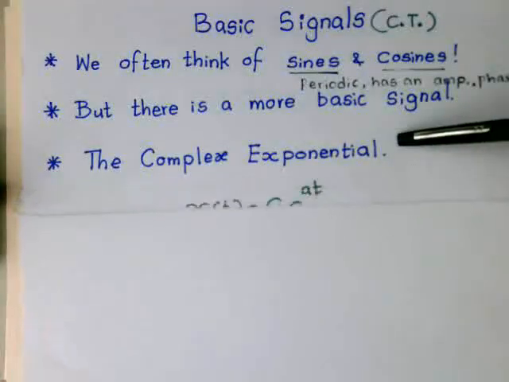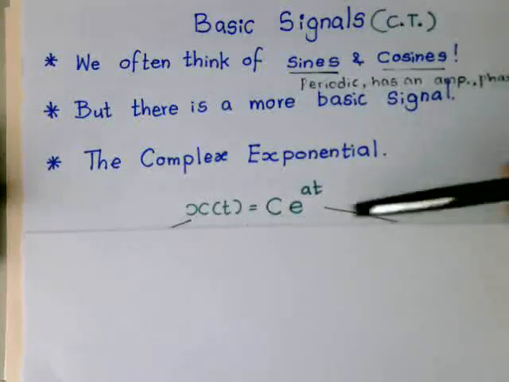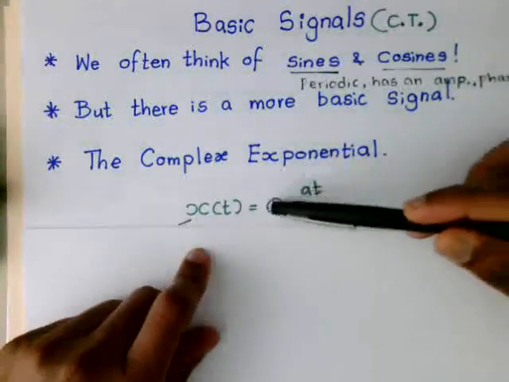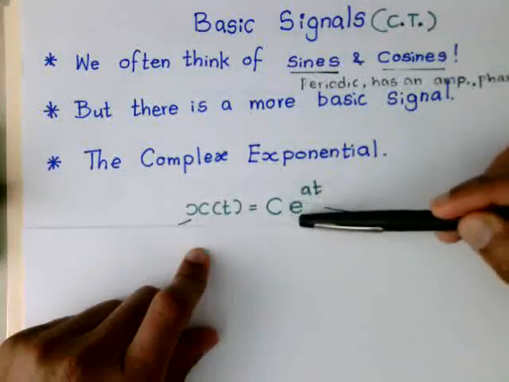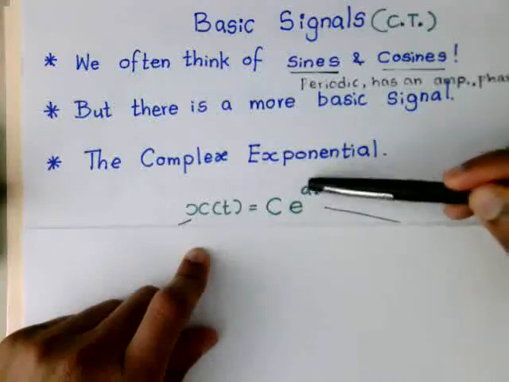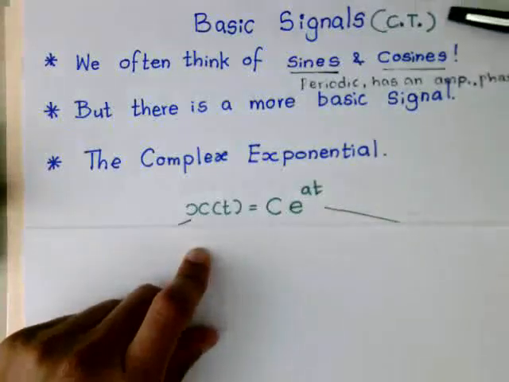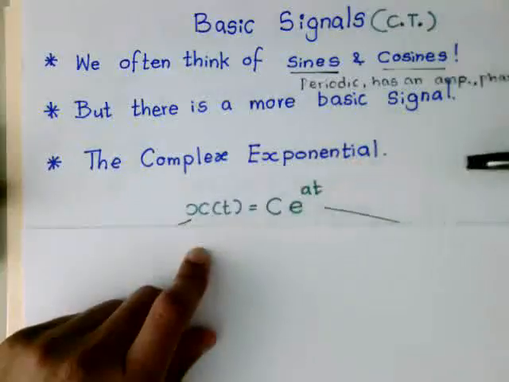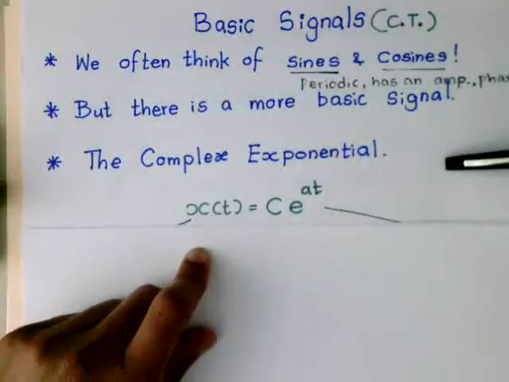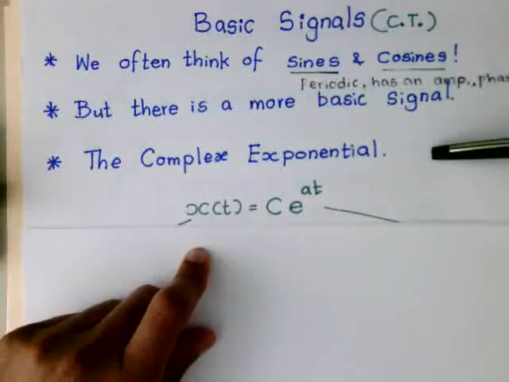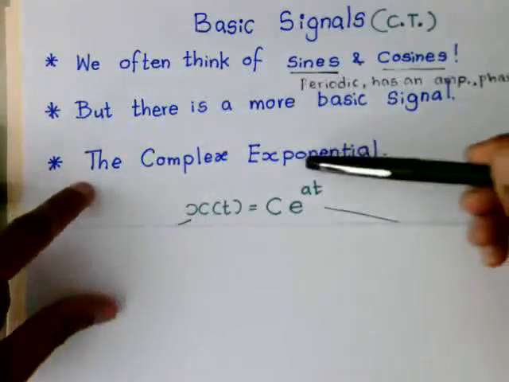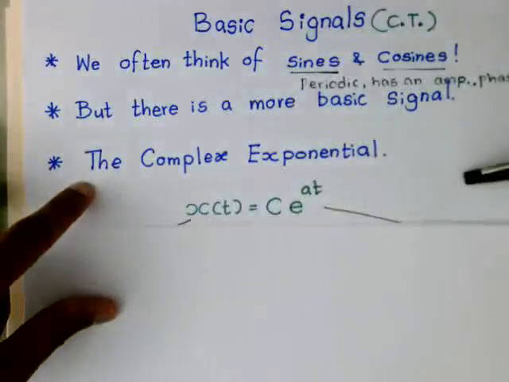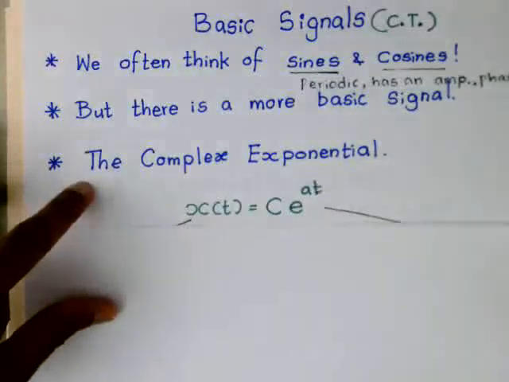Let's for example take a look at a signal x(t), where x(t) is equal to capital C, e is our exponential function, to the a times t, where t is our time, because we are looking at continuous time signals. So this is the function that we are going to look at. In mathematics, you may have learned that this can be either an exponentially growing or exponentially decaying function depending on a.